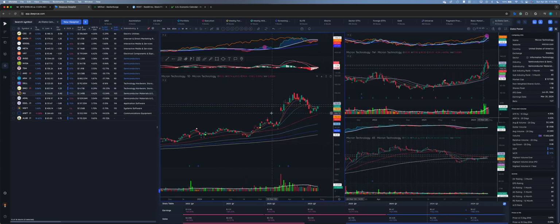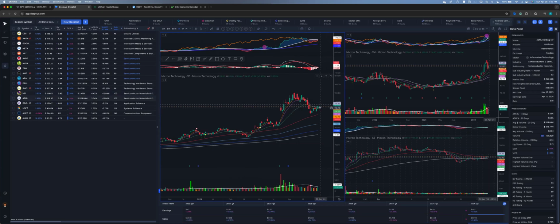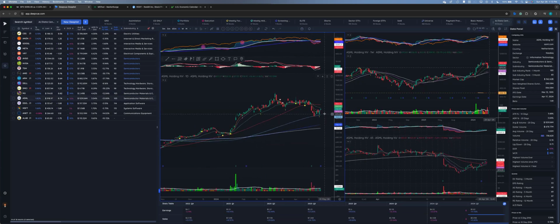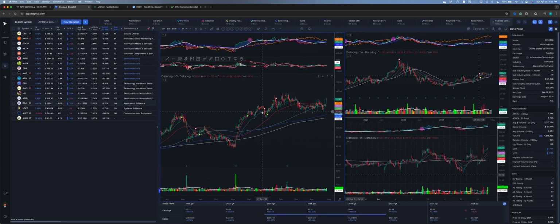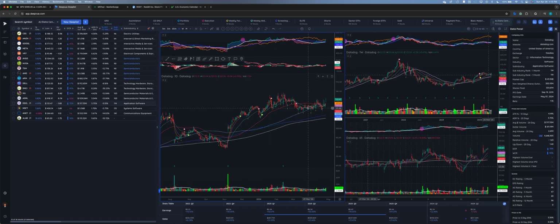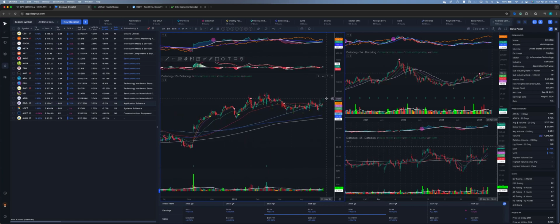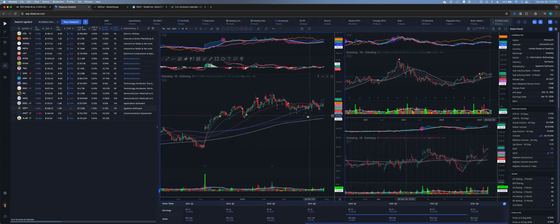MU held the gap, stays low, reclaiming the moving averages as well. ASML found support at the 100-day and starting to get back above some key moving averages. Datadog in a base, trying to poke its head out here, but we might need to tighten up a little more.